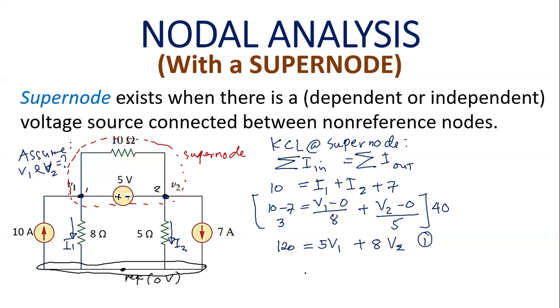Then how are we going to find the second equation? Now we have to isolate the supernode. The voltage, okay, look at the supernode.